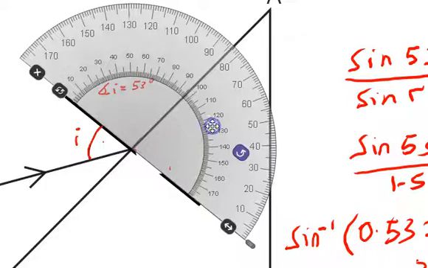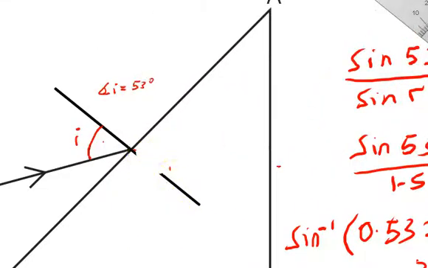I'm just showing you the steps. Here you have about 32, slightly about here, so I mark it. Then we draw a straight line from here to the point that I marked. This is the normal line, and the angle here will be about 32 degrees.